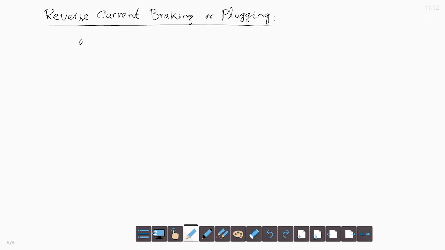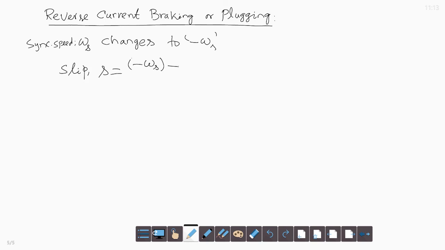So before reverse current braking, the synchronous speed was omega s, and after the change of phase sequence, the synchronous speed becomes minus omega s. In that case, the slip is minus omega s minus omega m over minus omega s. This is the braking operation.